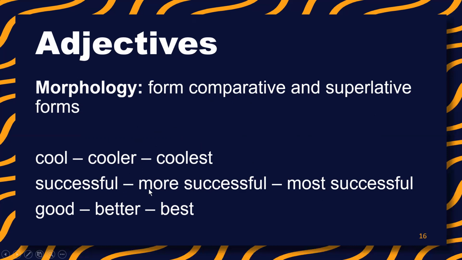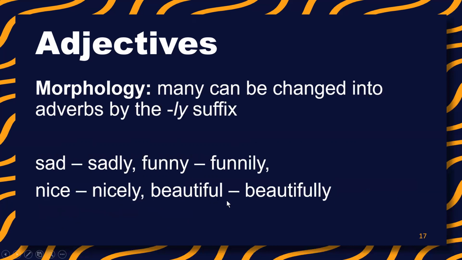Or sometimes, sa mga adjectives na hindi applicable ang ER and EST, we make use of your more and most for comparative and superlative, or your less and least. So for example, hindi pwede successfuler, hindi pwede successfulest. So we make use of more successful, most successful, less successful, least successful. Or for your irregular adjectives na nag-iiba talaga yung spelling, so we have there good, hindi pwede gooder, hindi pwede goodest. So good, better, best.